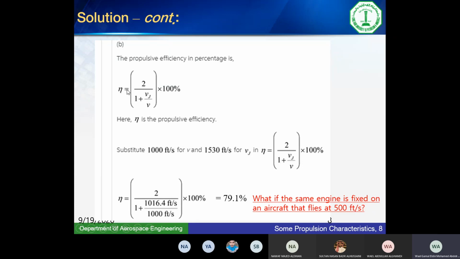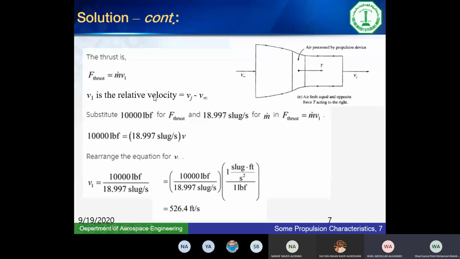Dr. Wael, for the V, it's going to change also because we have to recalculate it. It's supposed to be the same, right, for the efficiency? No, it will not be the same. If V goes down, V_jet, because if you go here, the V1 itself will change.